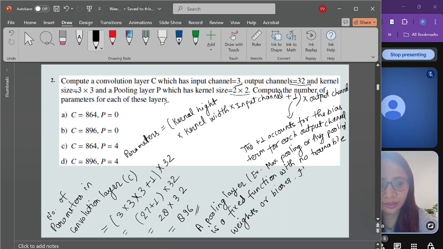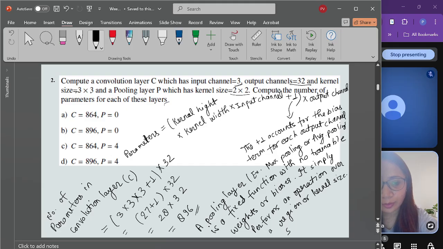So it simply performs an operation over a region or kernel size.